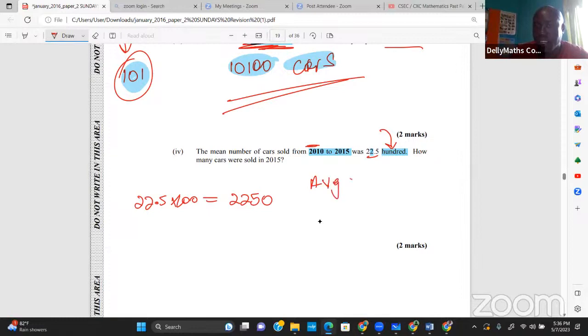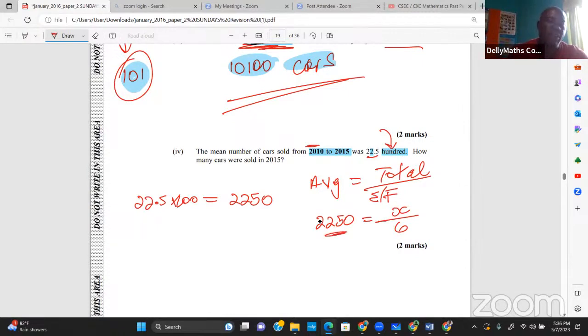Average is going to equal the total divided by the total number of years. So you're talking about 2,250 equal to what we intend to find over 6. It's 6, because it was a certain total divided by 6 that gave you this. So you can find back that total by multiplying.